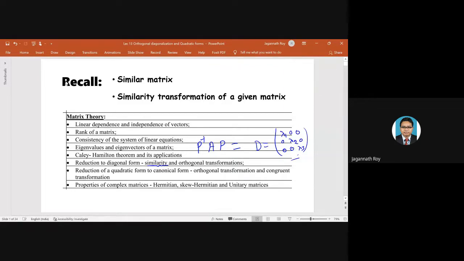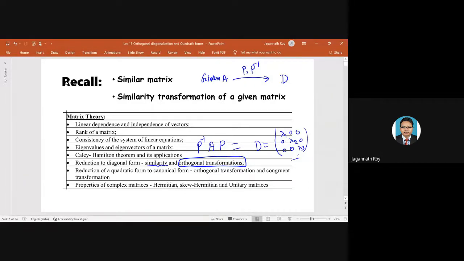Now today we want to see the orthogonal transformation. Okay. That means given a matrix A, we want to transform it into a diagonal matrix, and by P we have to find P and P inverse.